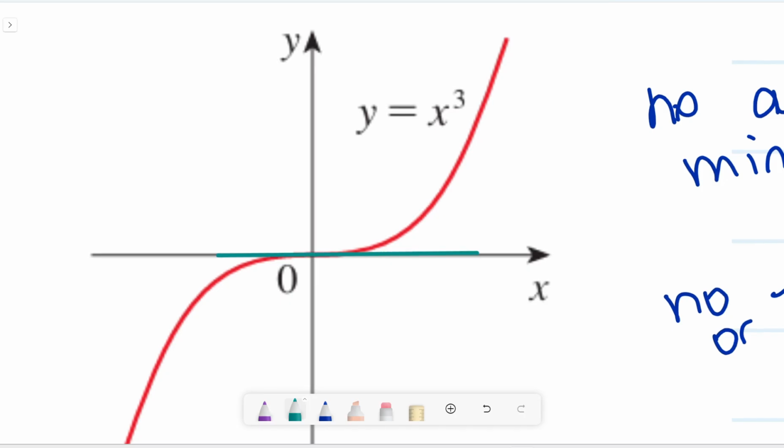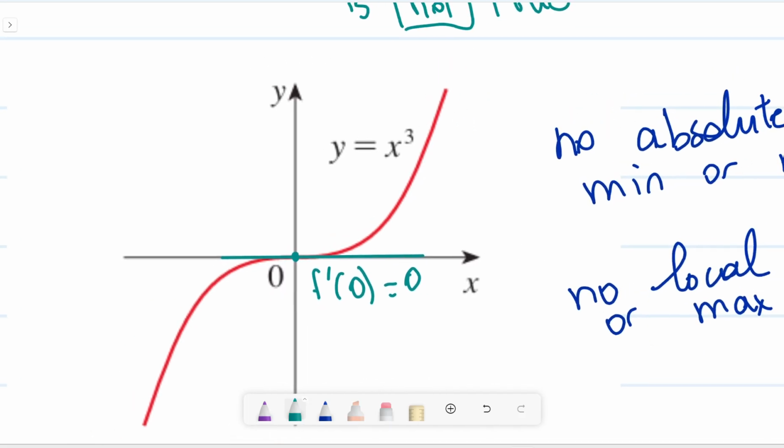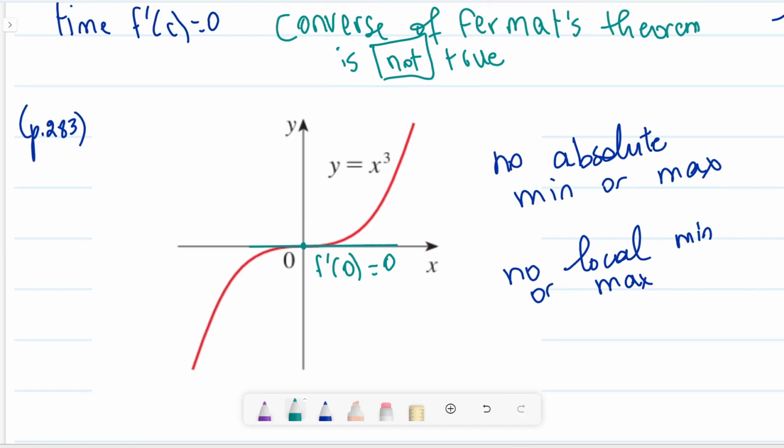Horizontal tangent line means the derivative at this point, so f prime of 0, is equal to 0. However, even if we have the derivative at 0 to be 0, this does not mean that we have a local minimum or a local maximum, because looking at the graph, we do not have a local or an absolute minimum or maximum.